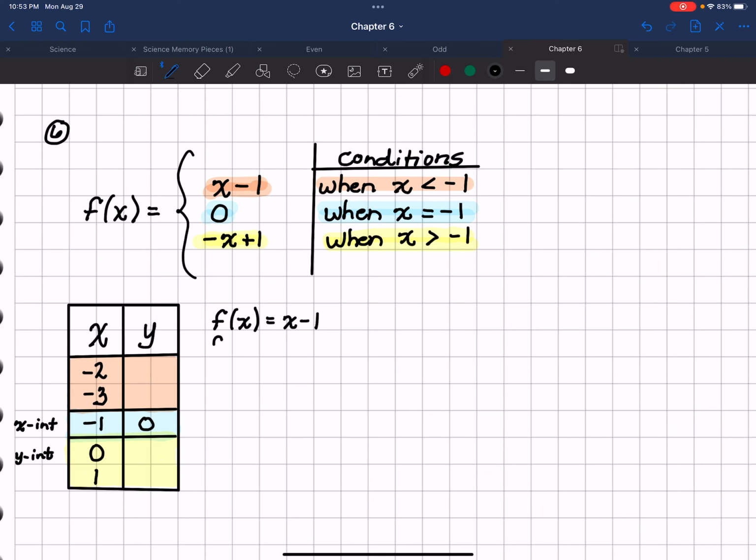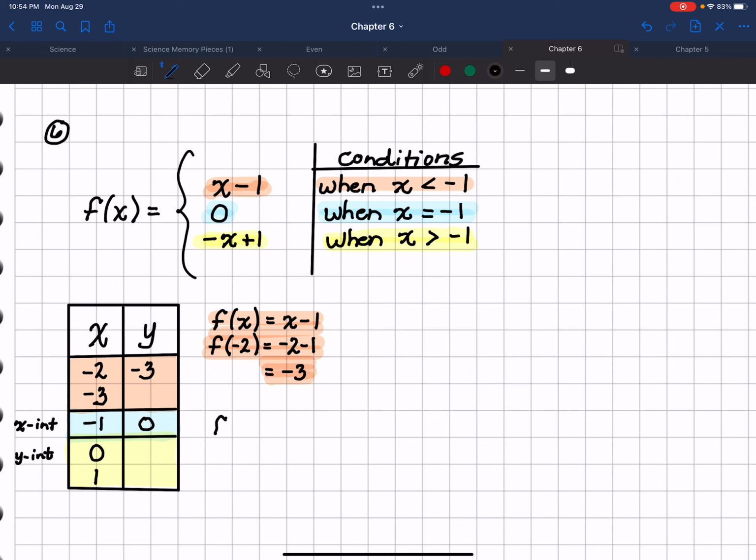So in this case, x is -2. So -2 minus 1 is going to be -3. So the y for this one is -3. And again, I use the orange piece because my x was less than -1.